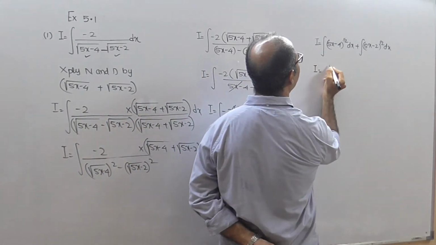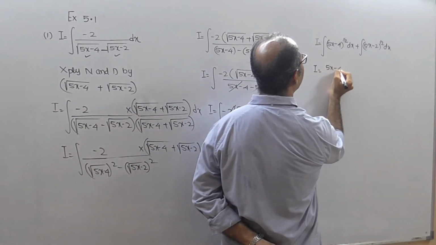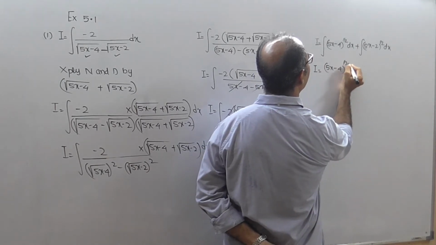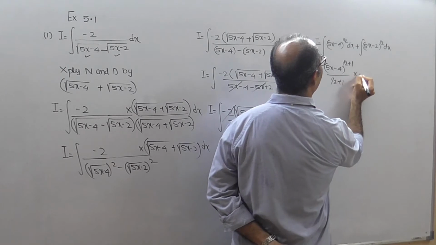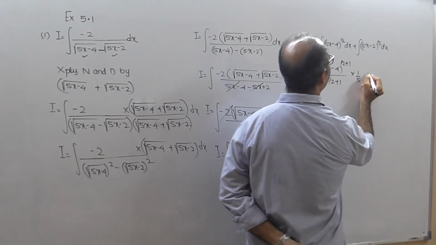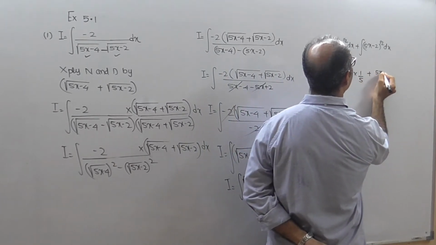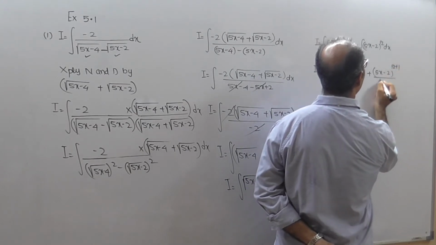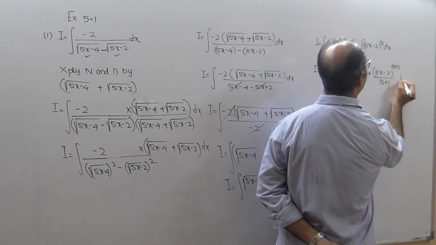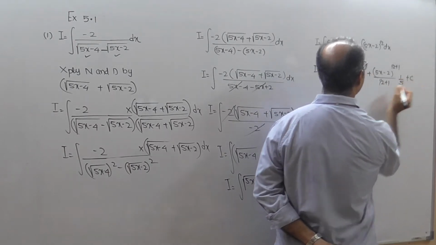So integration of (5x minus 4) raised to half will be (5x minus 4) raised to half plus 1, multiplied by 1 upon coefficient of x, plus (5x minus 2) half plus 1, multiplied by 1 upon coefficient of x, plus c.